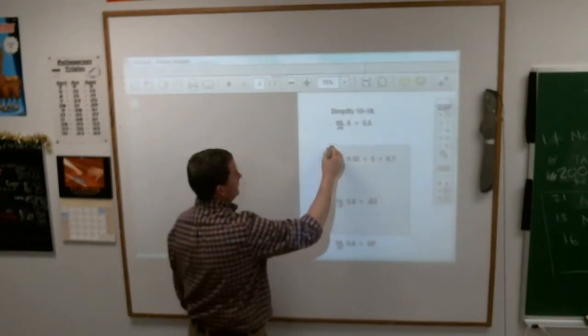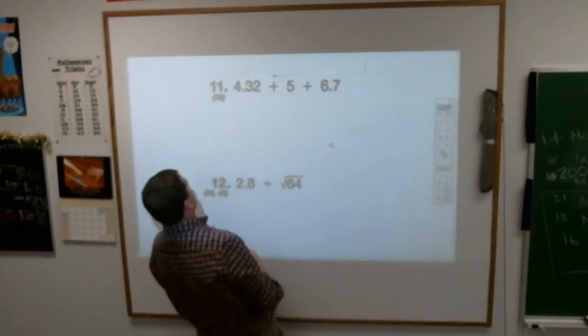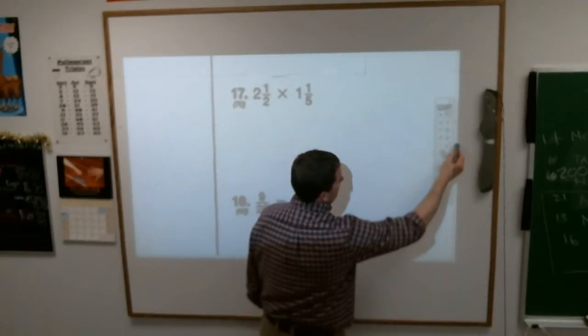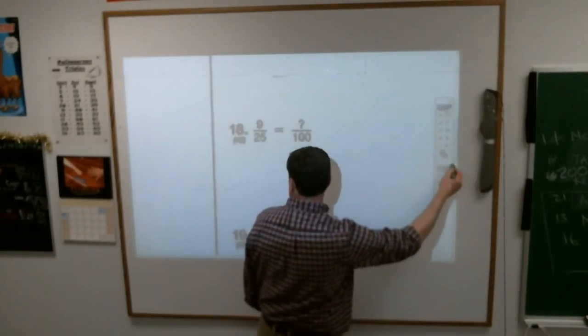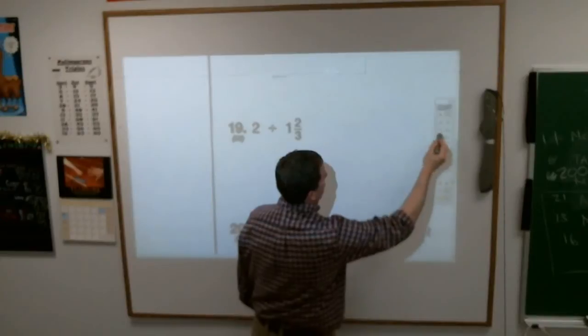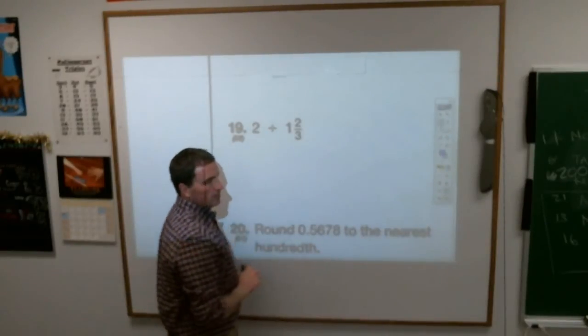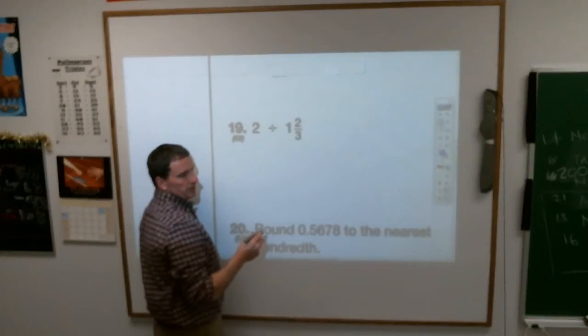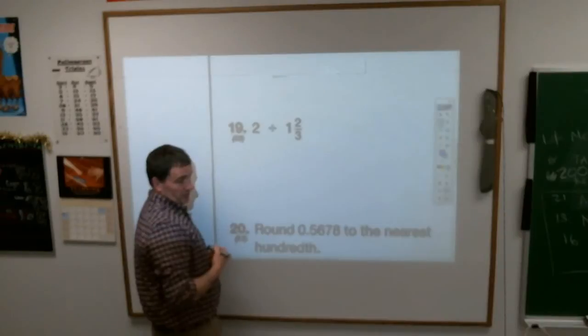I put down 2 divided by 1 and 1/3. That's a problem? Because I have 1 and 2/3. Did you do it differently on your test? Yeah.